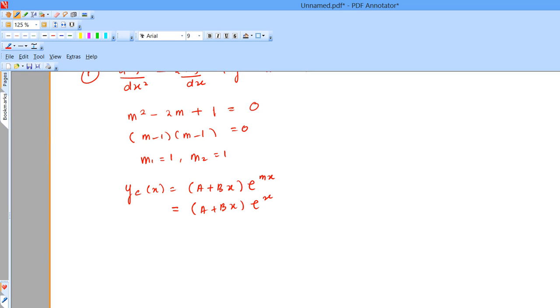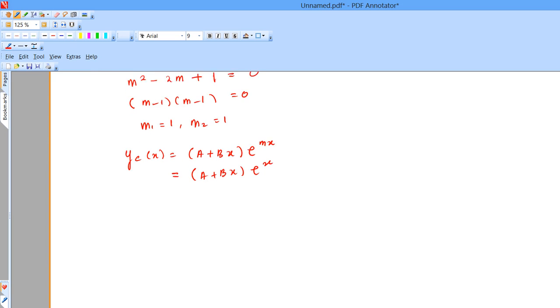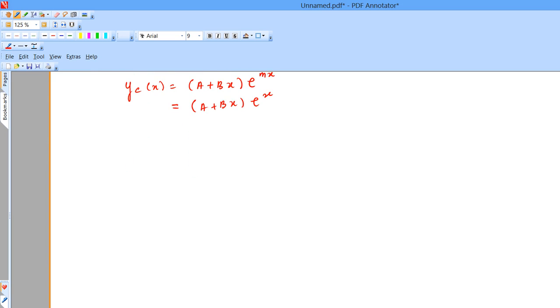Okay, next step, how to find yp. So yp is based on f(x). Here we have f(x) = 2x² - 5. So we know that this is quadratic.